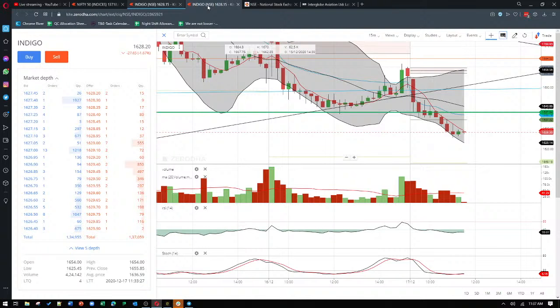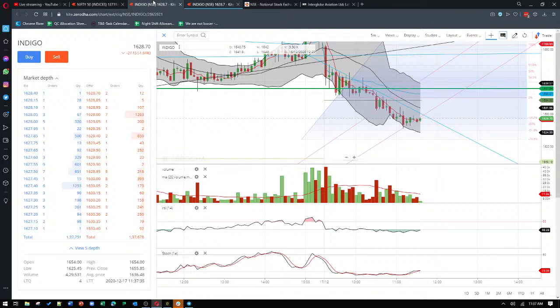Okay, what is happening at 15? 15 is still within the pattern, and 5 minutes is kind of struggling. The buyers are more now with open orders 1,38,000, but sellers orders 1,37,000. It does not mean that we have a reversal.